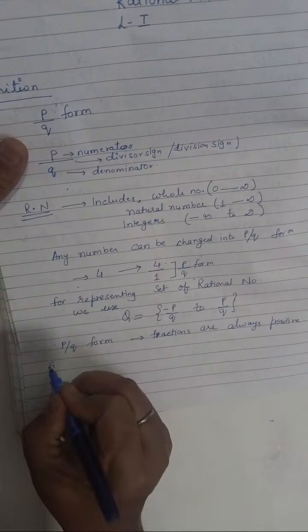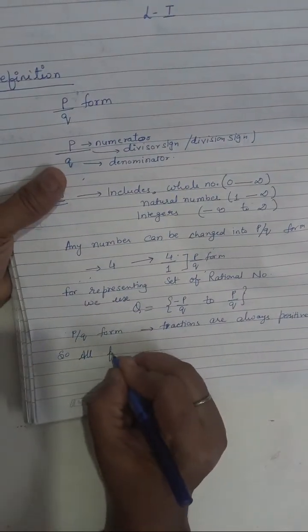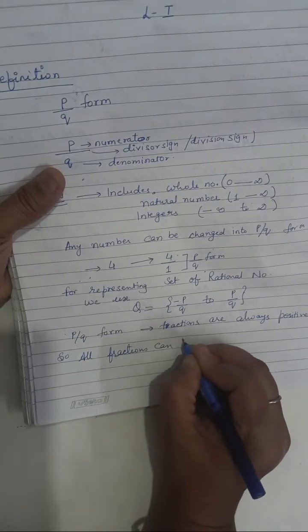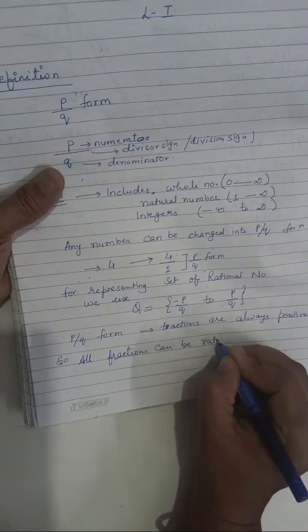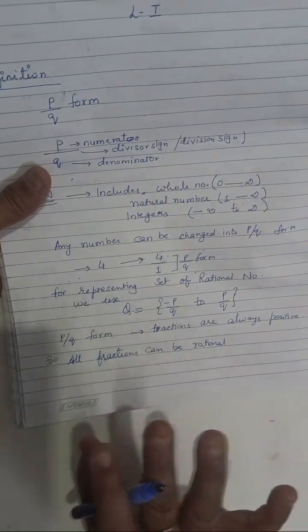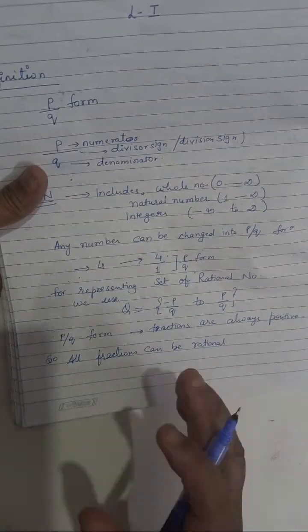So all fractions can be rational numbers. Ye point yaad rakhna, because this type of point can be asked in MCQs or assertion and reasoning.